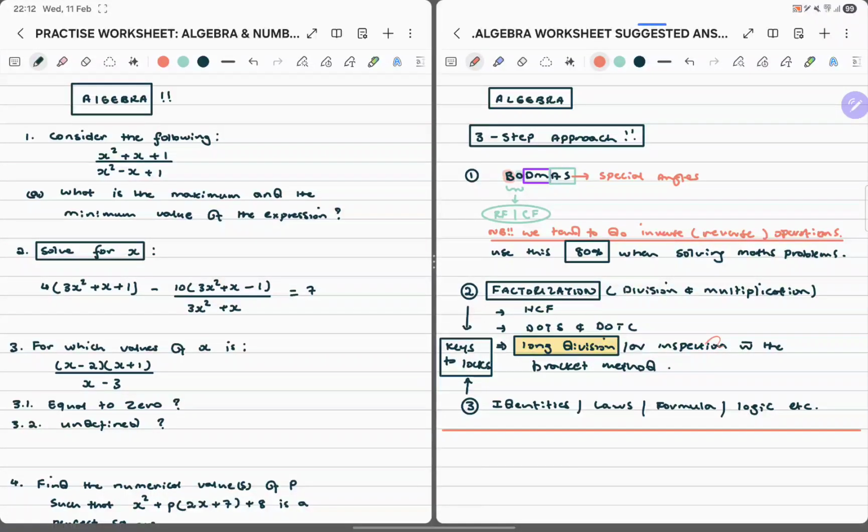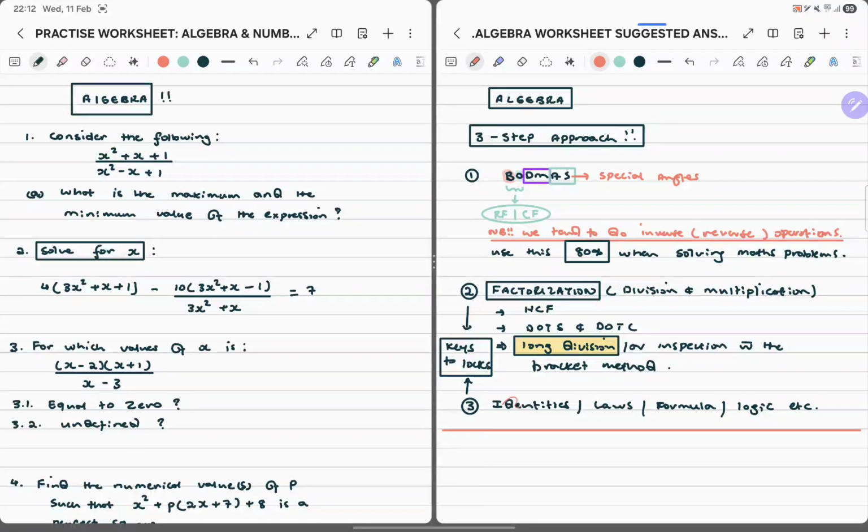Sometimes from long division, we adapt this into some inspection techniques that we can use, for example, the bracket method. And of course, we do groupings, and you name all the techniques that get involved here. So this is a very important technique to learn and to understand how to perform.